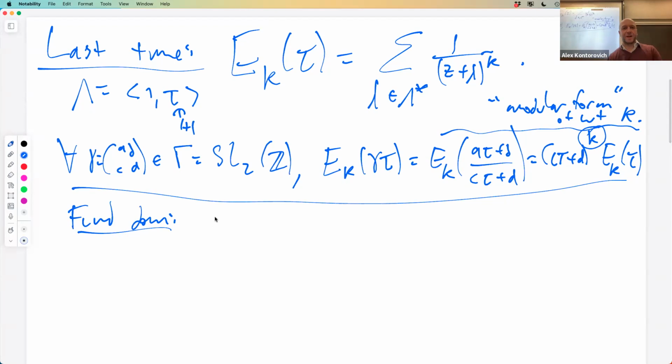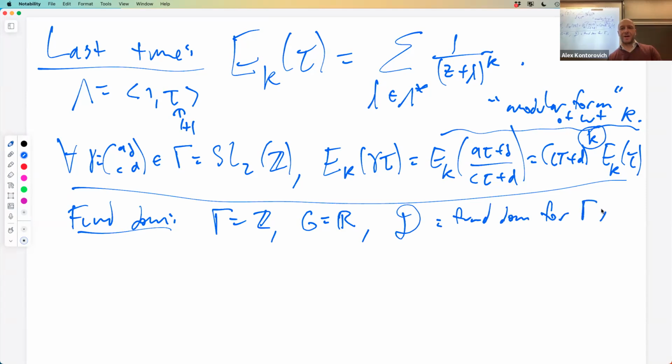So like if our group was Z, and our discrete group Z is a subgroup of the continuous group G. Let's say D is a fundamental domain for gamma acting on G. How do the integers act on the reals? Here's the real line, here's G, the real line. And the integers, of course, translate by 1 or by 20, right?